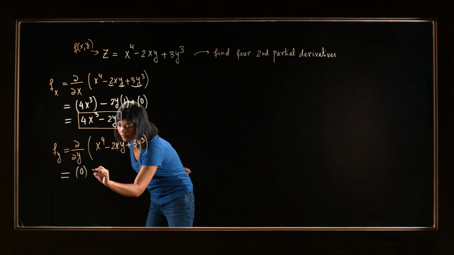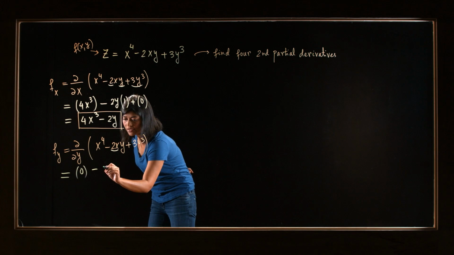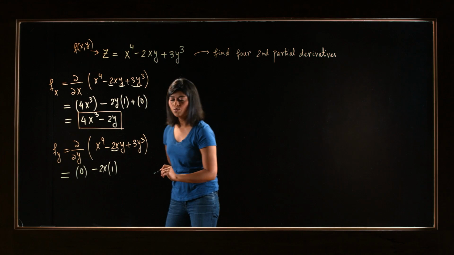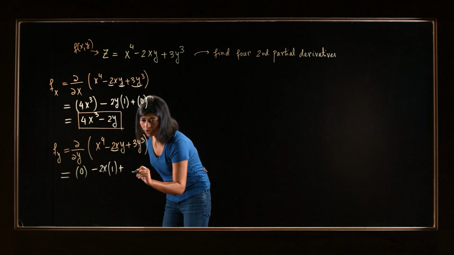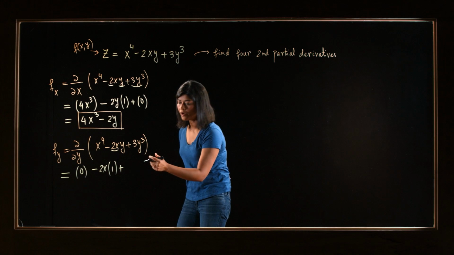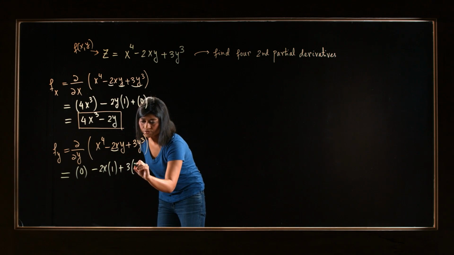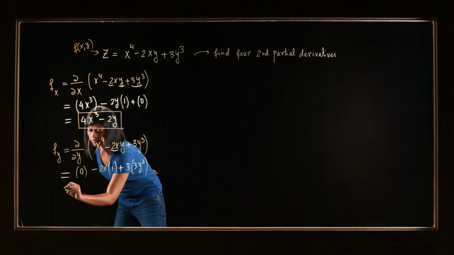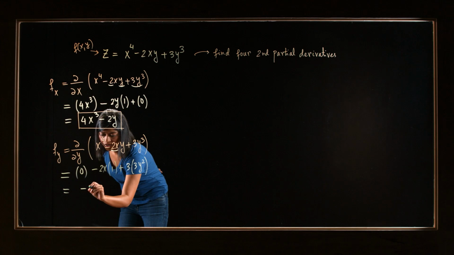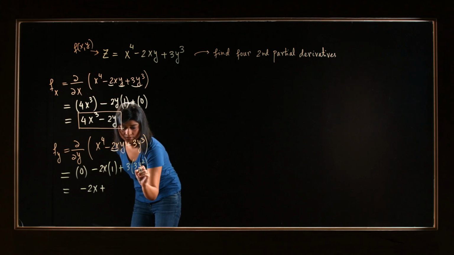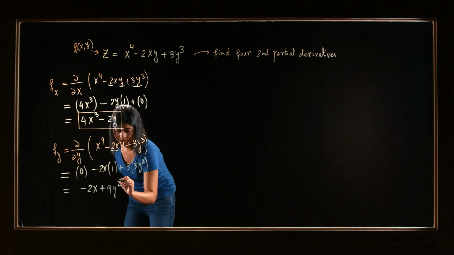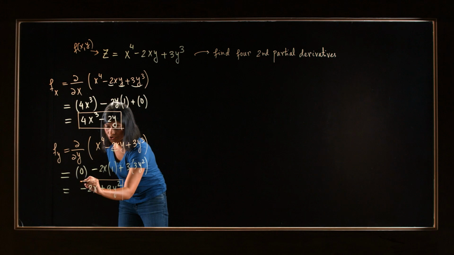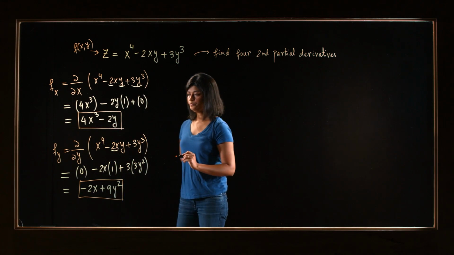For the second term, the negative 2x is a constant, and the derivative of y is 1. For the third term, 3y cubed, you can just use the power rule: 3 times 3y squared. So simplifying this, we get negative 2x plus 9y squared. So that's the first partial derivative of the function with respect to y.